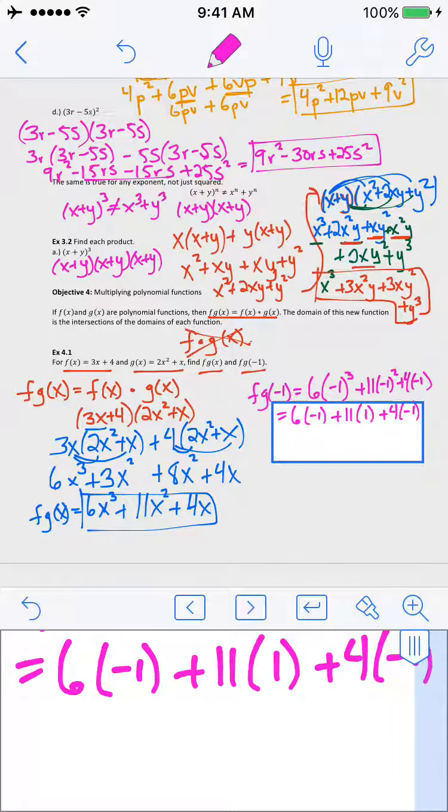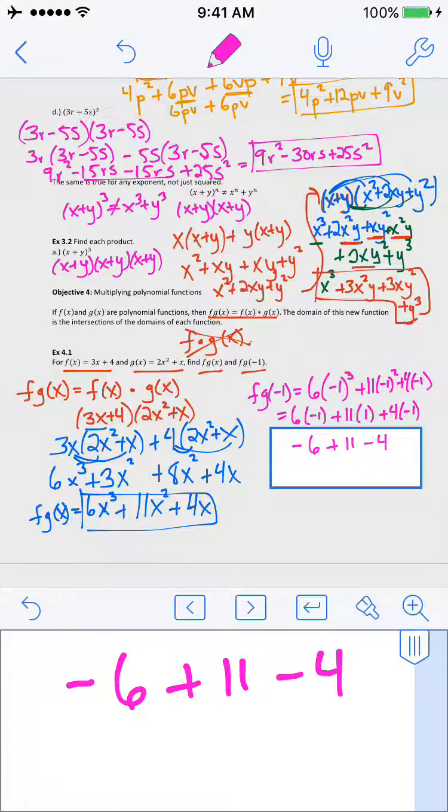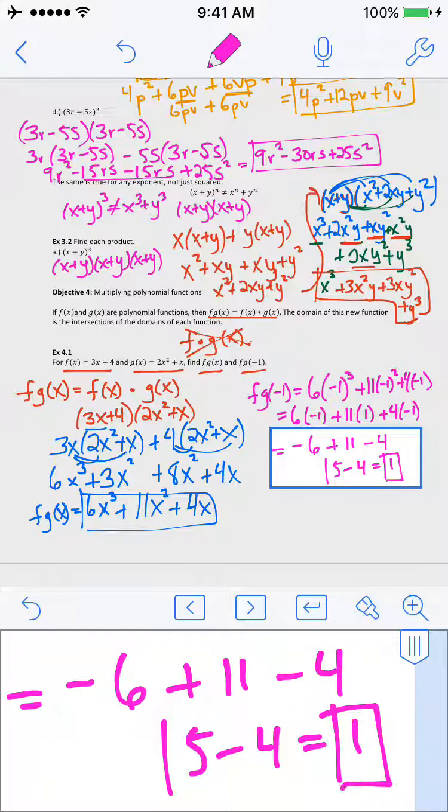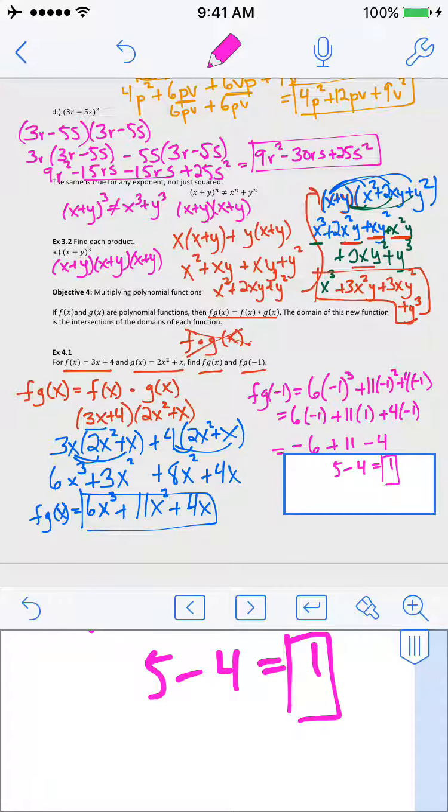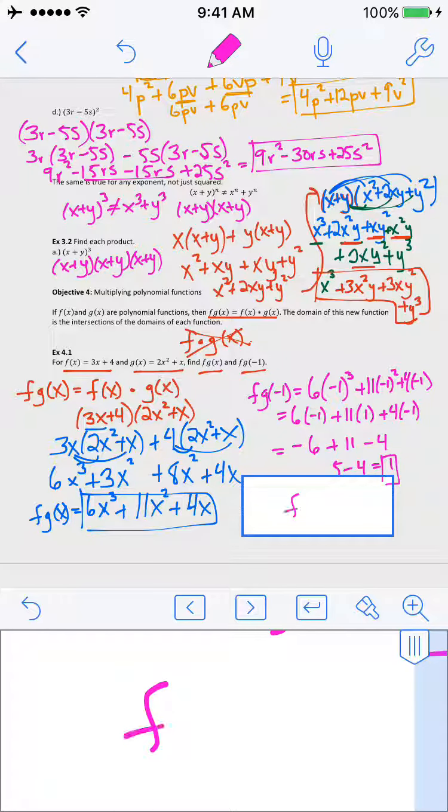All right, now I can do the multiplication. -6 plus 11 minus 4. -6 plus 11 is a +5. Minus 4 is equal to 1. So we get it evaluated at -1. F times g of -1 is equal to 1. Not of x, right? Because the one with x is the one that still has x in it. F times g of -1 is equal to 1.